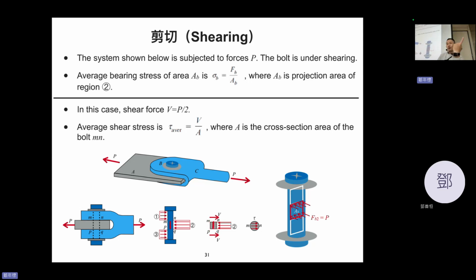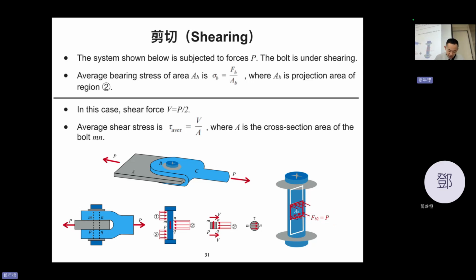The area is the same throughout all the angles. But for the definition, you should plot like mine. You shouldn't plot like this. Do you understand what I'm talking about? Okay. Thank you. So your sigma B should be FB, F bearing force, FB2 divided by the AB.